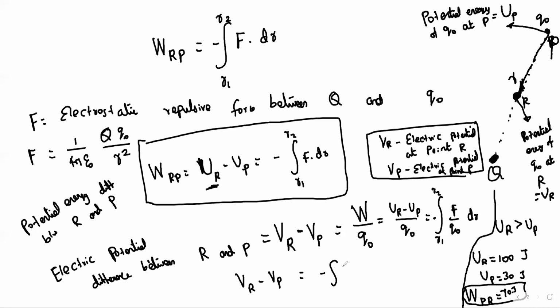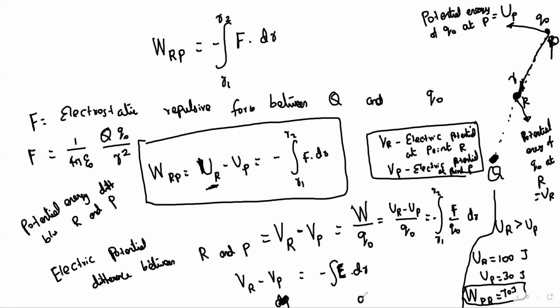It is the electric field intensity. So V_R minus V_P is equal to the integral of minus electric field intensity into dr.